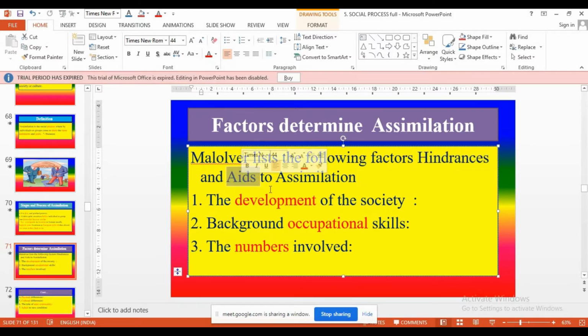Aids means support to assimilation, okay? Third one, numbers involved, the number of members in a particular group. A small group is easy to assimilate, but a large number in the group may hinder assimilation.